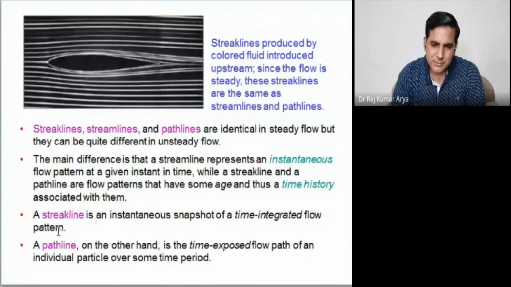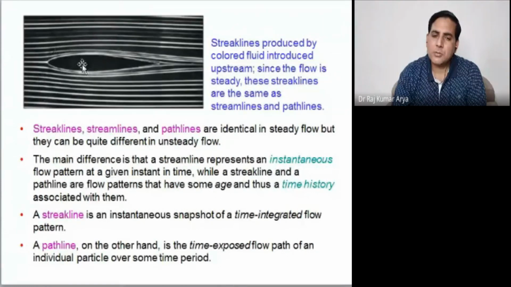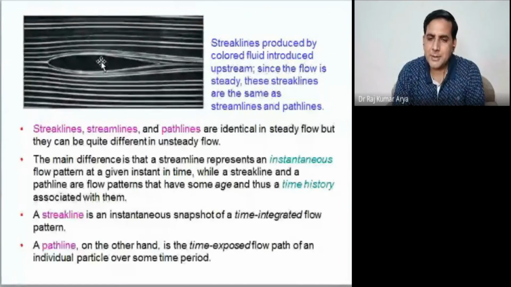You can see here, this is a body. Over that, these are the streamlines. Everything is parallel here at first. After that, they come in contact with the body. Wherever they are in contact with the body, they are very close by, and as they move far away, there is more space between them. We will solve the logic for why they are close and why they are far away, and I will tell that at a better time.